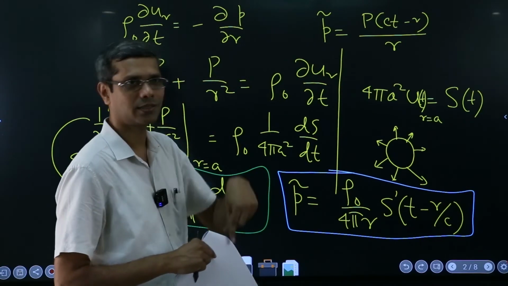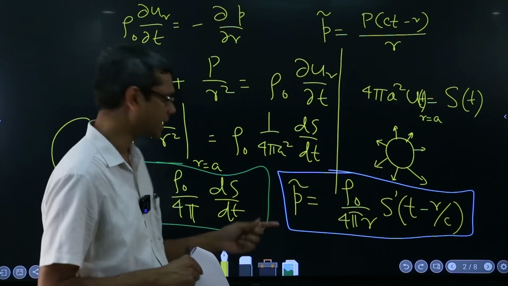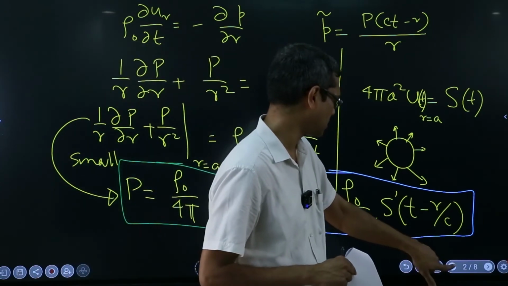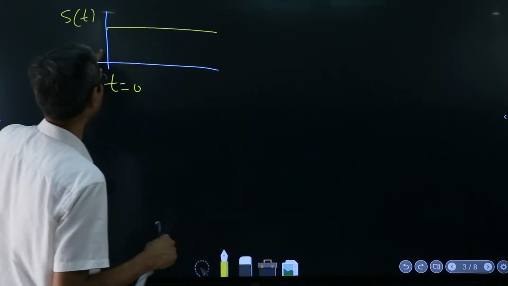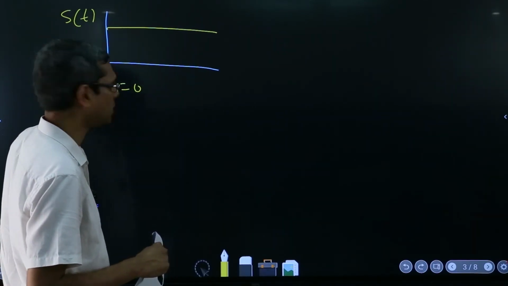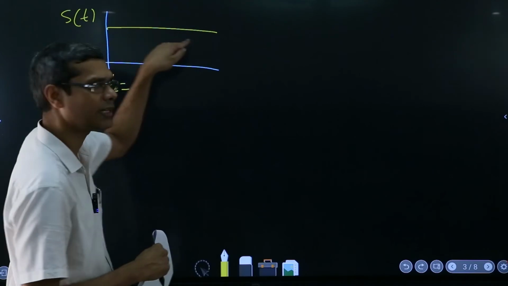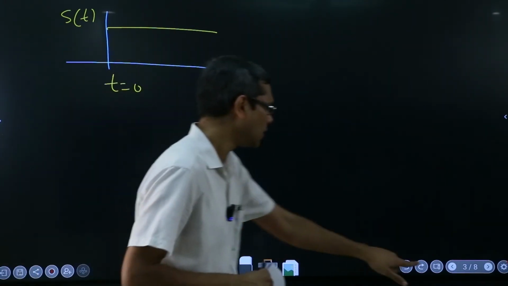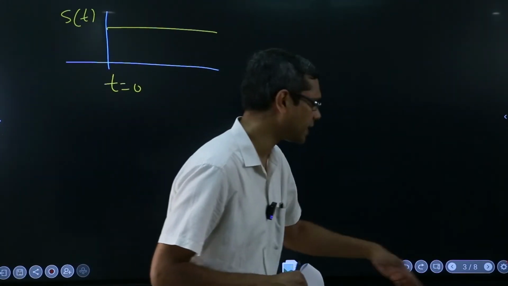It is just a pulse, a Dirac delta, because here there is a jump. At t equal to 0, it is not from minus infinity to plus infinity, it is at 0. So its differentiation will be a Dirac delta.